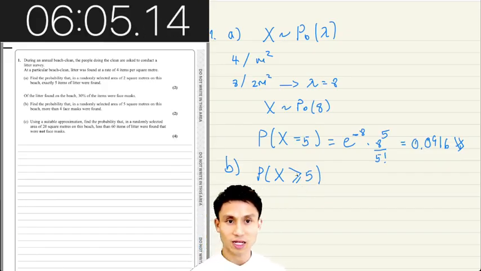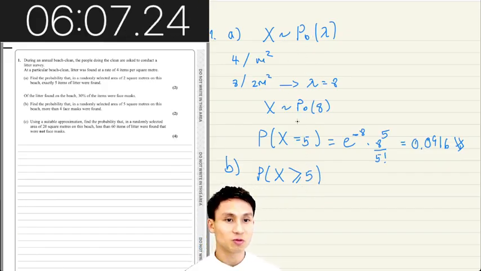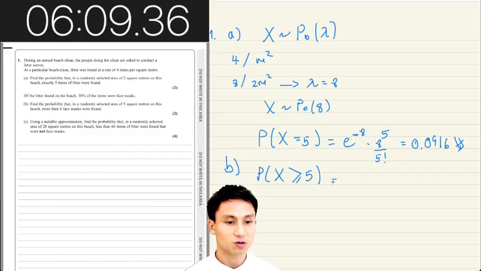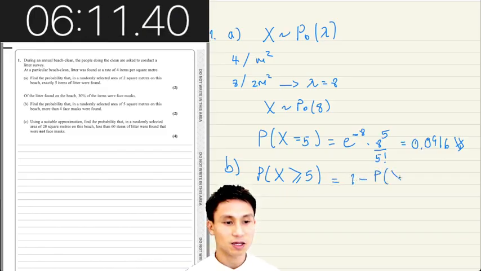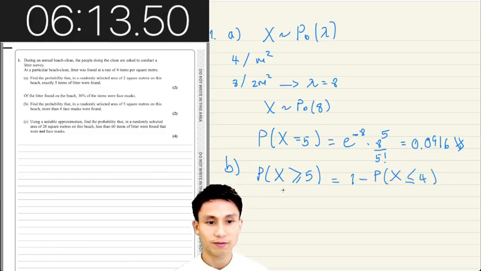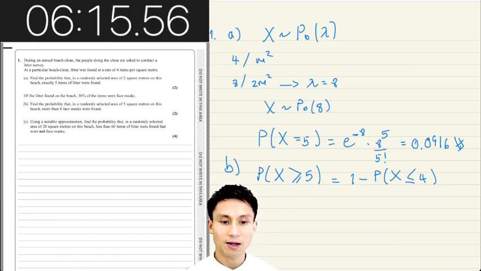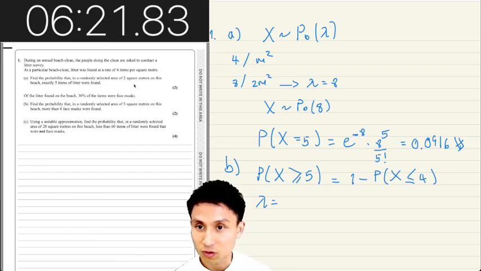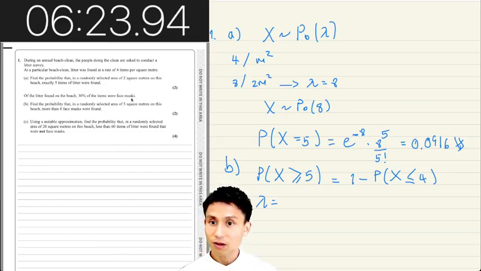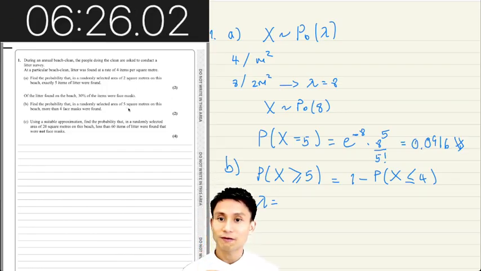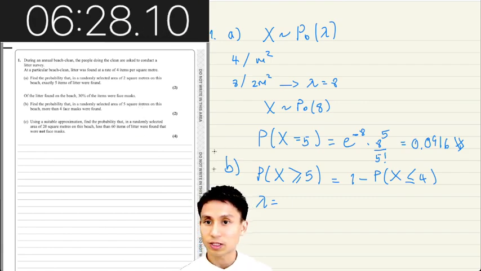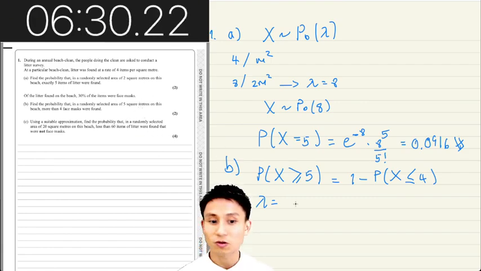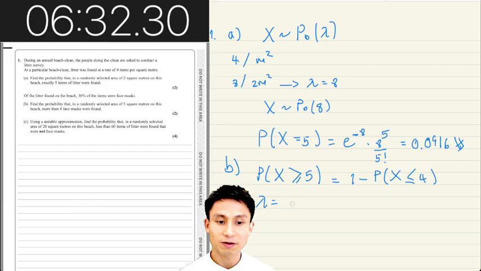We're going to get this from the Poisson distribution, so that will be 1 minus P(X less than or equal to 4). And lambda, because this is 5 square meters... wait, no. Per square meter is already 4, so lambda will be 5 times 4, which is 20.